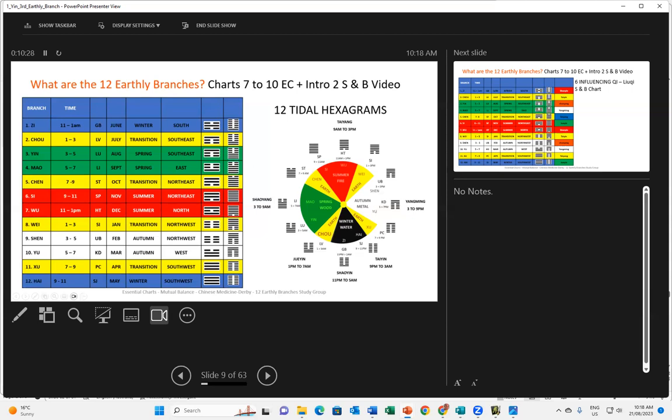And then from that moment onwards, we descend through the west. So this is the expansion and contraction from a cellular level right through to all forms of life and movement on this planet. So the tidal hexagrams are great for interpreting what the branches are doing at that particular time.